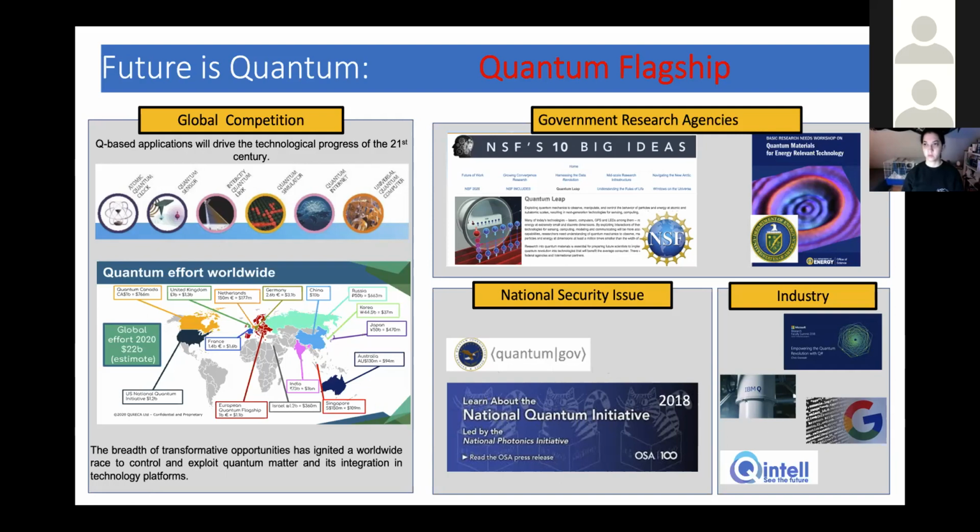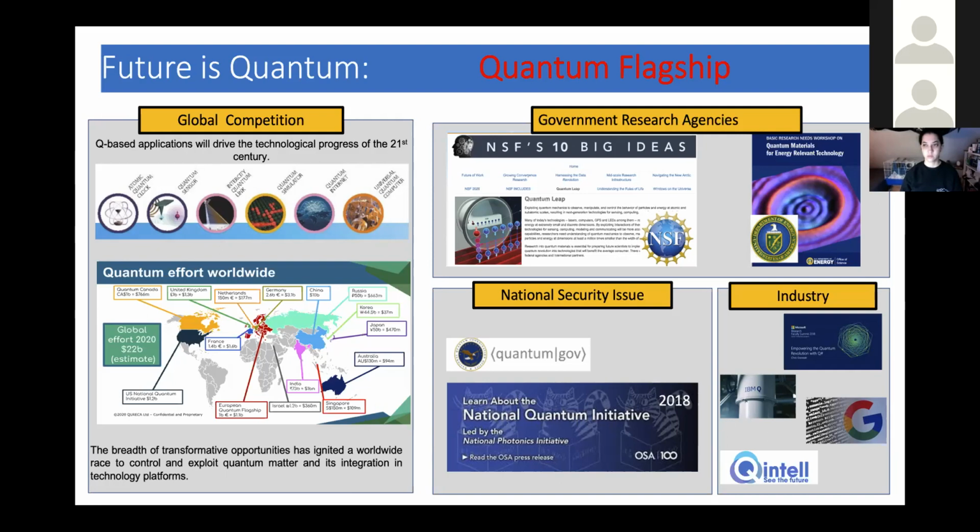Also, the main United States research agencies like the National Science Foundation, Department of Energy, and Department of Defense are all identifying quantum material research as one of the prime research directions in the field, and are heavily invested in it.